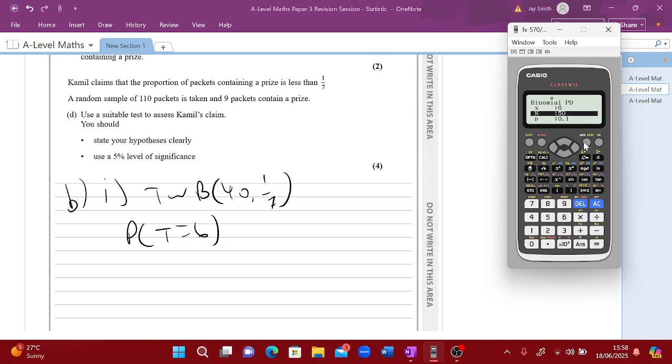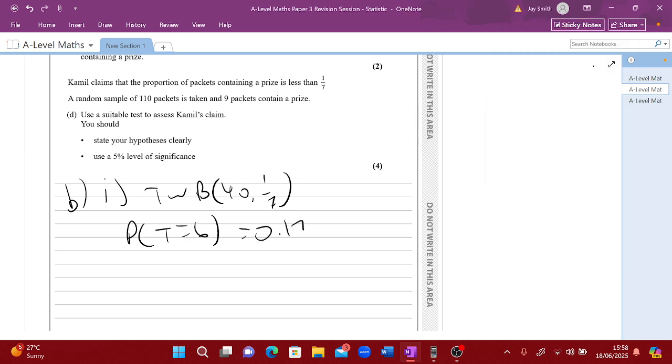So our number is 6, N, the number of trials, is 40, and the probability is 1/7. And then the probability we get is 0.1727, and so on. And that's part I, part II.